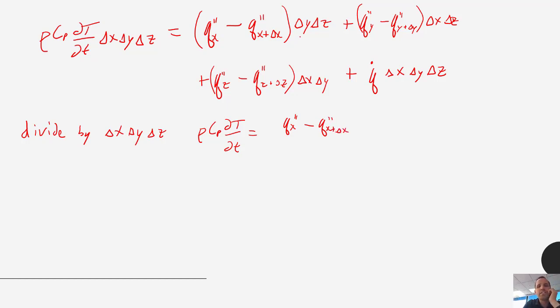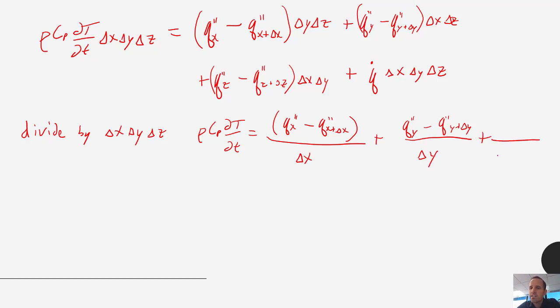So one thing that's happened here is because we divided this by volume, the delta y and the delta z cancel out, but we're left with this delta x hanging out on the bottom. Similarly, for y and z, we end up with a delta y term and a delta z term.